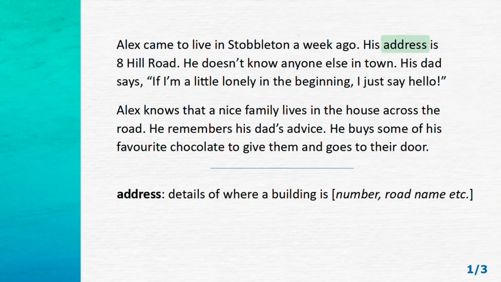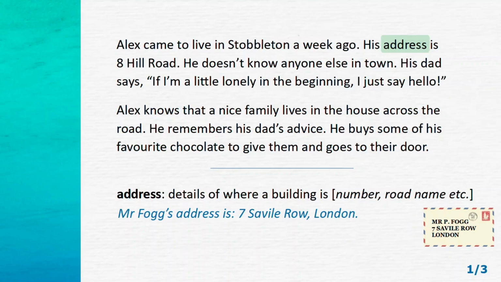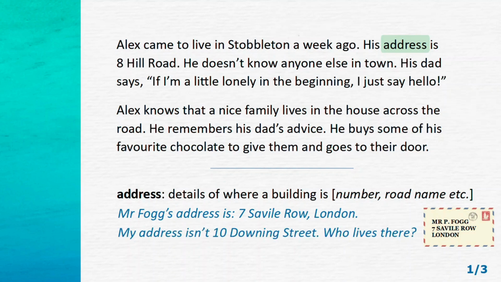Address is the details of where a building is. Often it's a number, a road name, sometimes an area, a town. Here's one example. Mr. Fogg's address is 7 Savile Row, London. My address isn't 10 Downing Street.